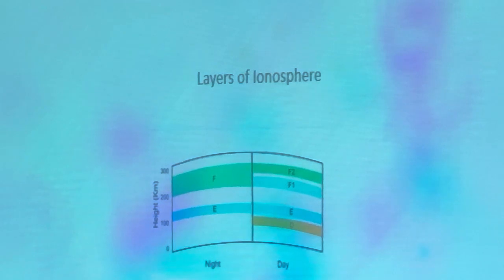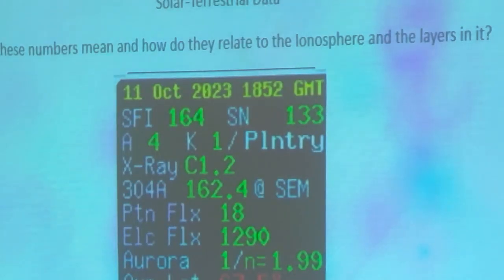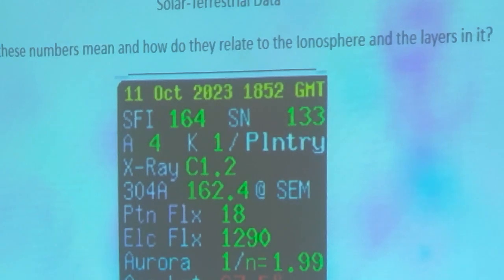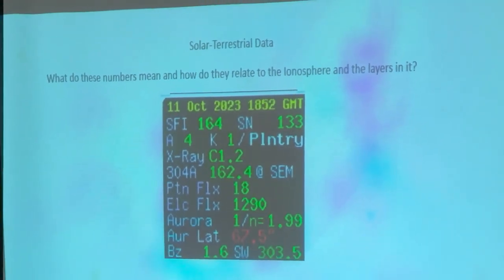And this is the layer that is responsible for your skywave propagation, which will give you your skip on 10 and 20 meters and all that. This is part of what you see here.